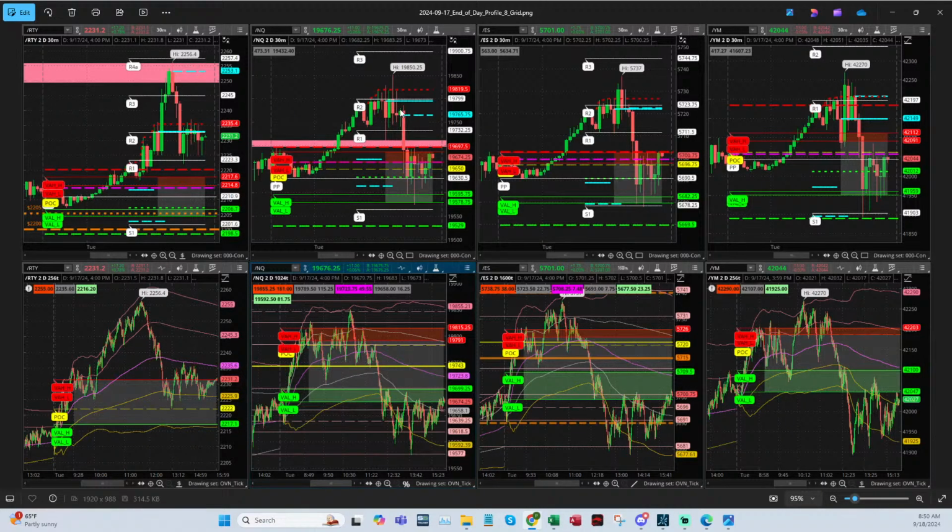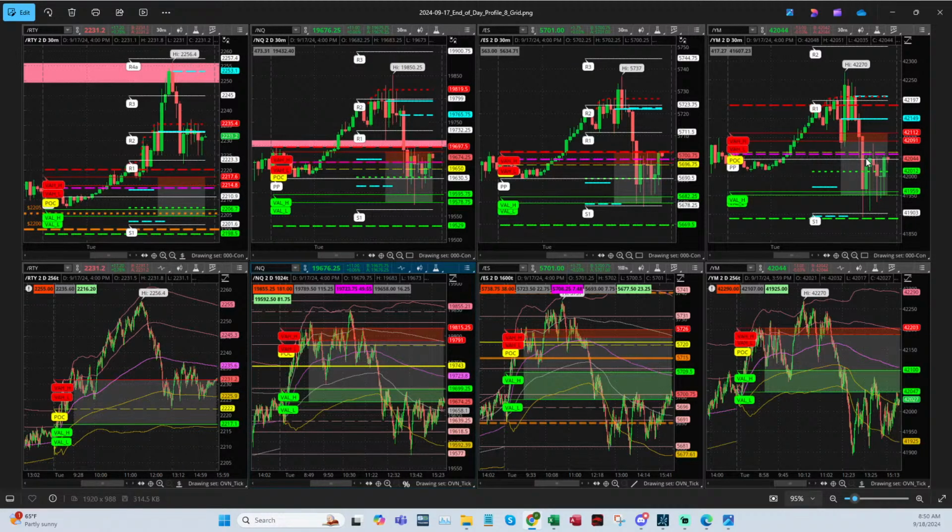So you have a clear distribution, and we'll get into more of that for the ES. Everyone except for the Russell had a picture perfect split double distribution. The morning on the upside, afternoon on the downside, both of them just consolidating, going nowhere, with many balance areas inside of these split distributions.